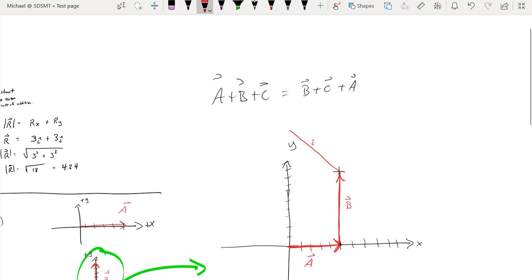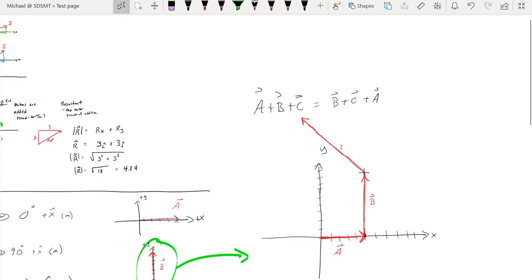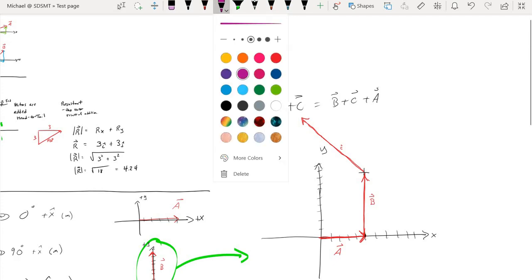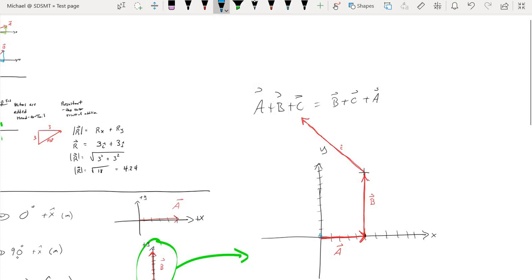Now I'm not really sure exactly what 10 meters is going to look like on this picture. It might even be a little bit longer. And this is why sketching these graphs is really not that great of an idea, because right now if I were to draw the resultant vector, our resultant vector has to be drawn from the start point to the end point.